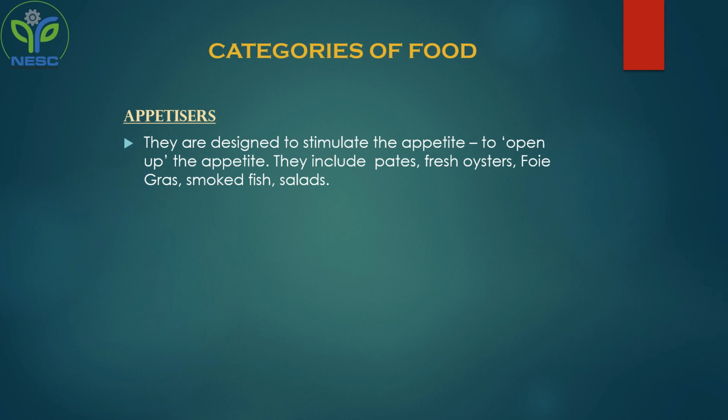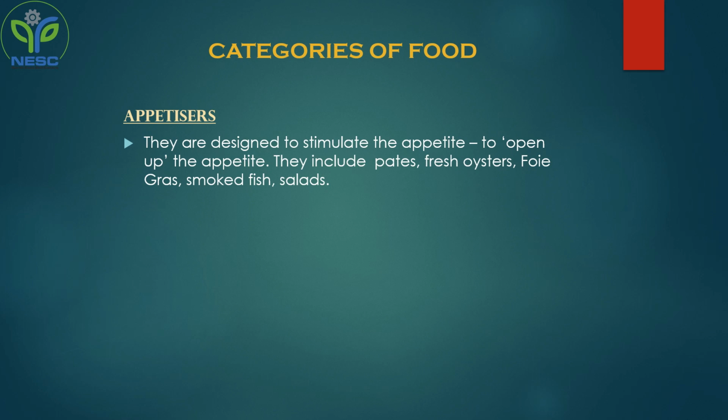So basically, appetizers is a small dish served before a meal to increase the appetite or the desire to eat food. They may be served cold or hot depending upon the guest's request.